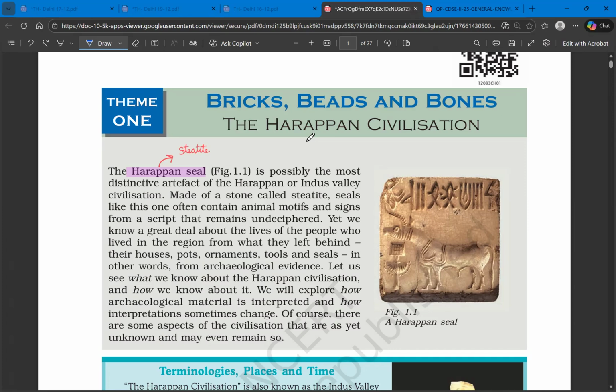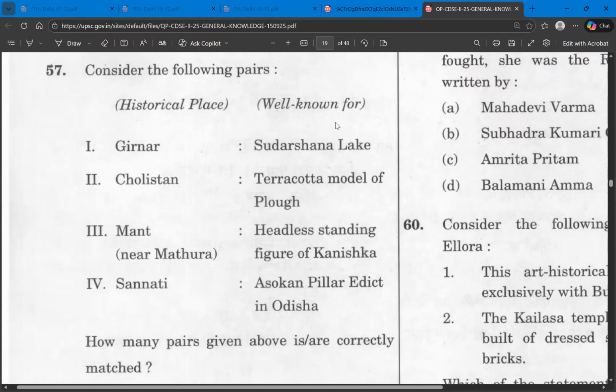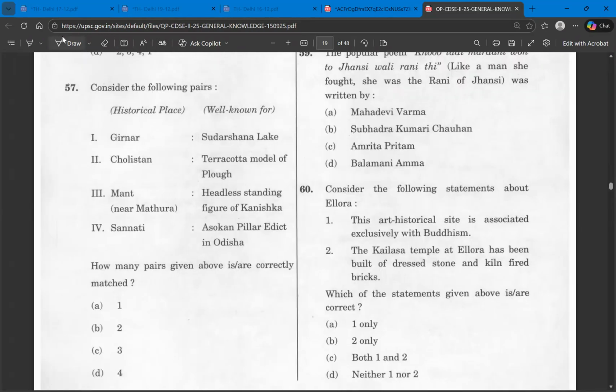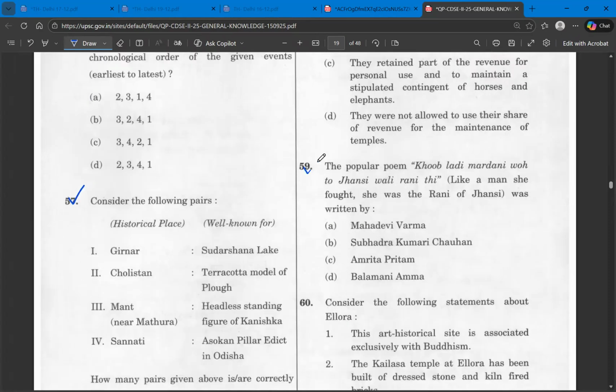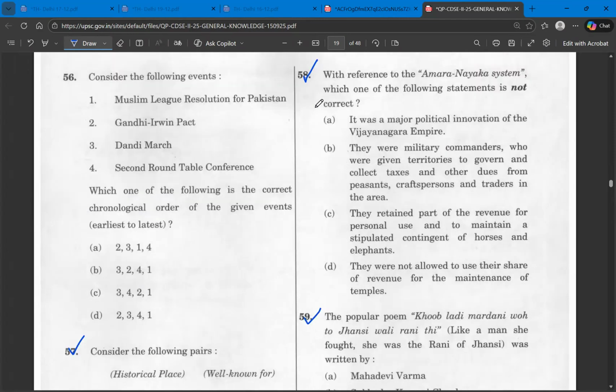So that is the reason for covering Themes in Indian History, because there are so many questions that were asked based on this textbook. 57th is from Themes in Indian History, 59th is from Themes in Indian History, 58th is from Themes in Indian History.